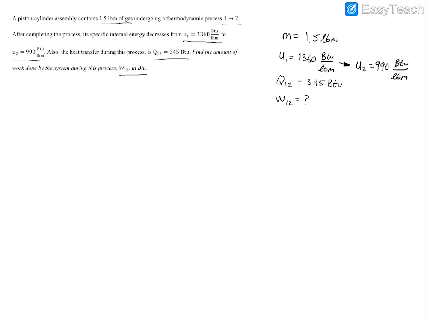Alright, so let's apply the first law of thermodynamics. So we have delta E is equal to the heat transfer minus the net work, and this is all over process 1 to 2.